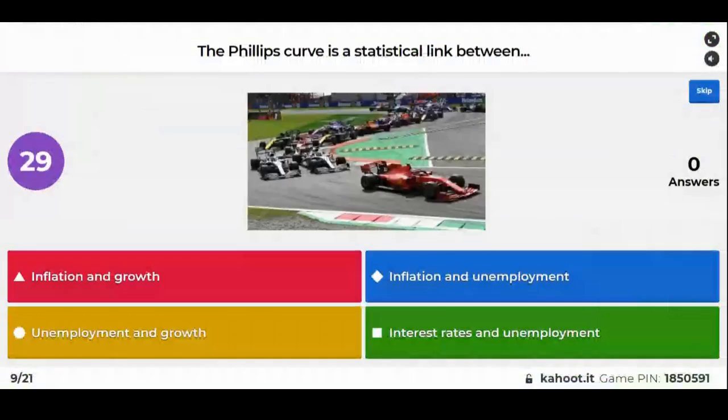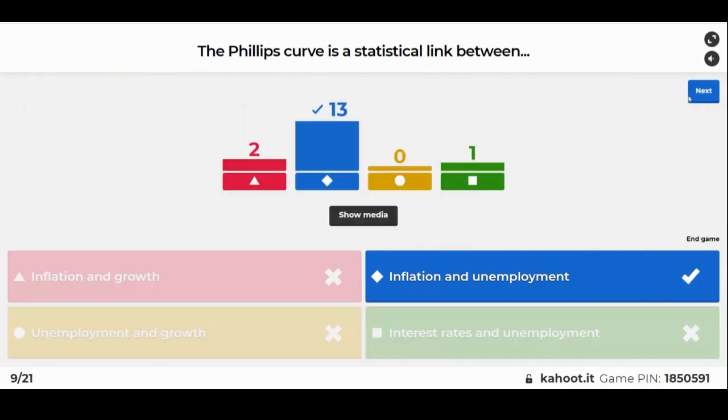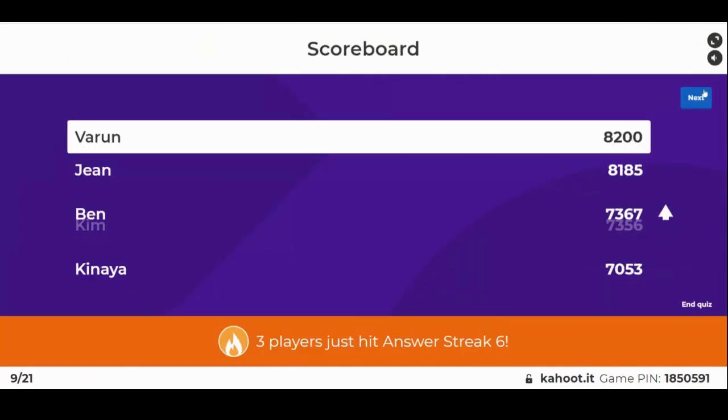The Phillips curve is a statistical link between what? And here's a picture of a curve. Inflation and unemployment. Very good.